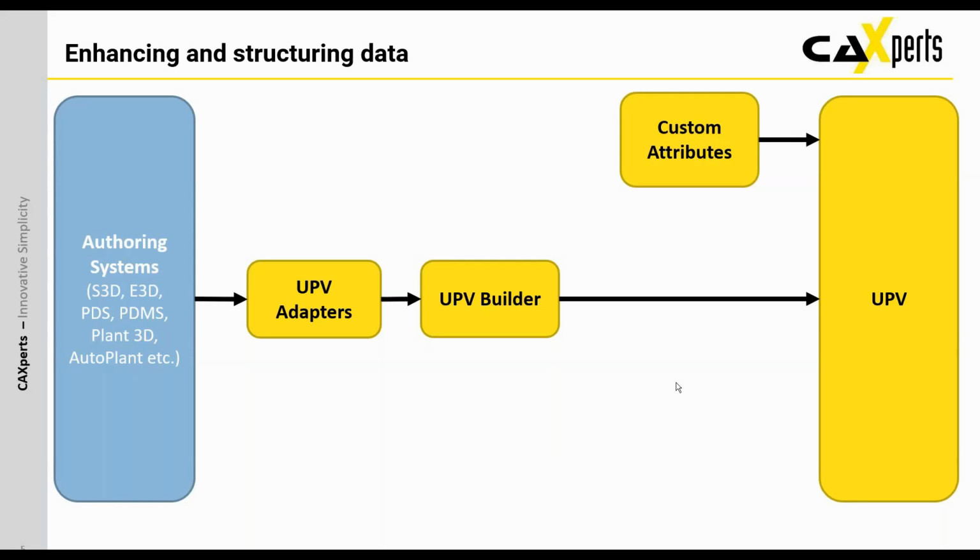The other solution is to use plugins. These are SDK plugins for the UPV builder, like renaming attributes or Excel import and similar, or even custom-made attributes that you have programmed yourself. Those put the data together with the UPV builder in the UPV model.